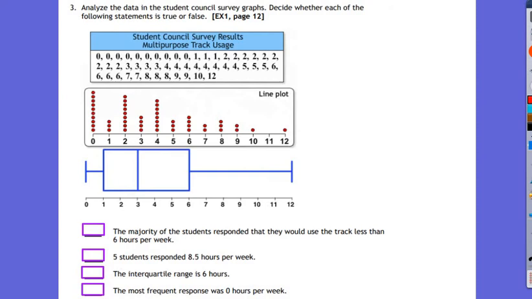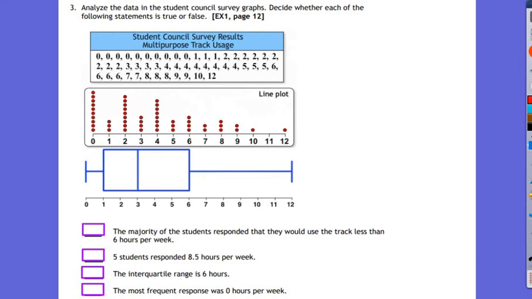So the first one says the majority of the students responded that they would use the track less than 6 hours per week. I don't want to know if it's true or false yet. I want to know which graph would help you answer that question. I have a frequency plot, a line plot, and a box and whisker.